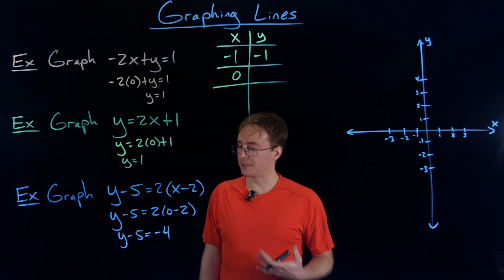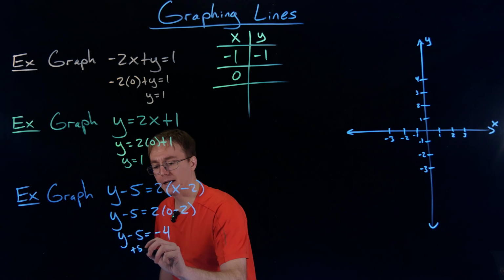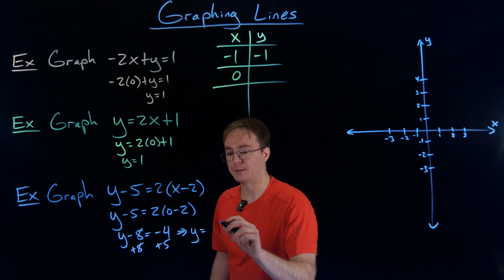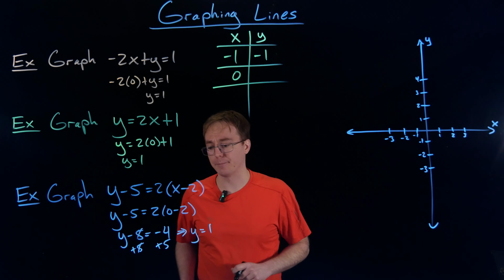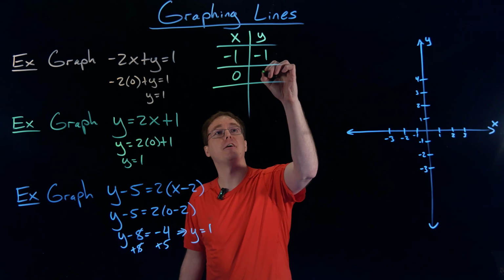So now our equation is looking like y minus 5 is equal to -4. To get y by itself, we've got to add 5 to each side. And there we see, yet again, that y is going to have to be equal to +1, this time through -4 plus 5.